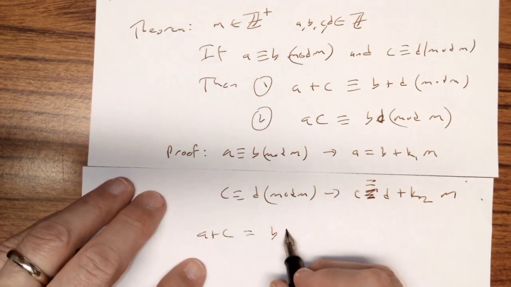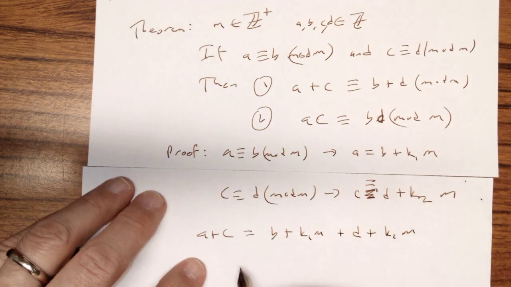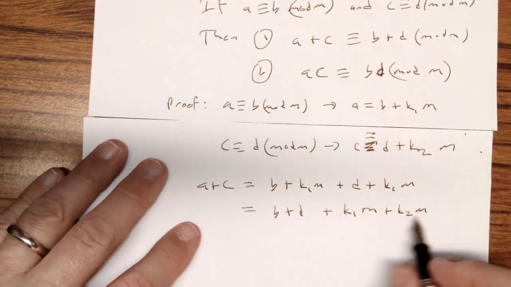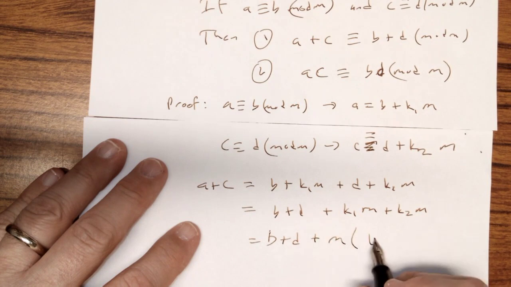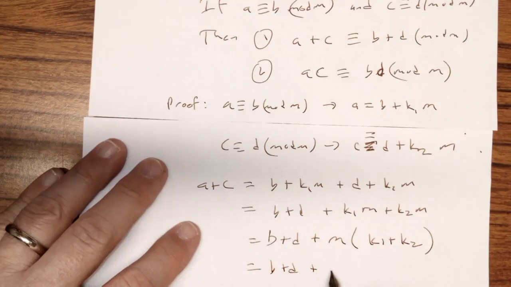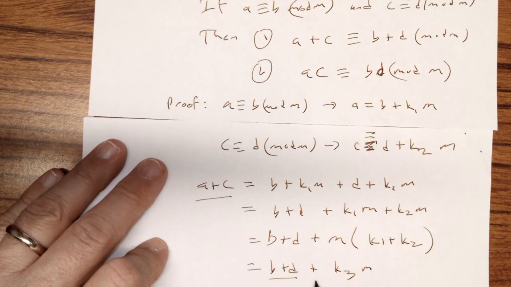Well, then you get B plus k1M plus D plus k2M. Rearrange: B plus D plus k1M plus k2M. Wait a minute, I'm adding things with an M in them. B plus D plus M times (k1 plus k2). That's an integer. So this number is equal to this number plus some number of M's. A plus C is congruent to B plus D mod M.